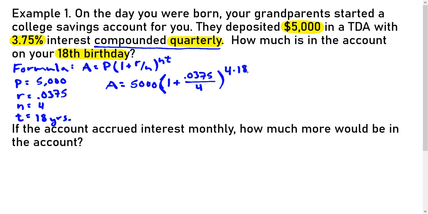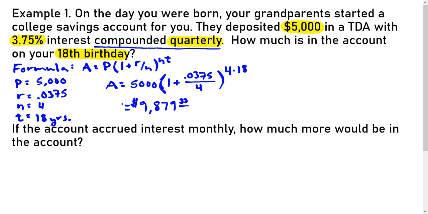You may need to put the 4 times 18 in a set of parentheses depending on what calculator you're using. Fancy calculator, you can just do 4 times 18. Older calculator or just a basic TI-30, you're going to want to put it in parentheses. Okay, hit enter. You should get that the amount that is in this particular account after 18 years is $9,879.33. Okay.